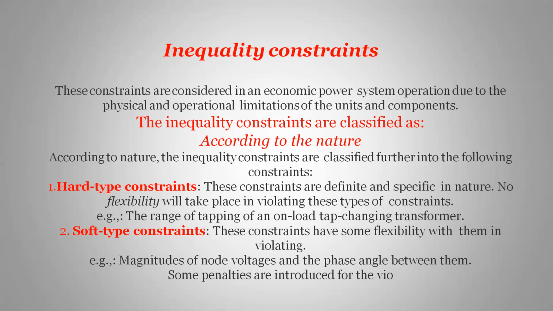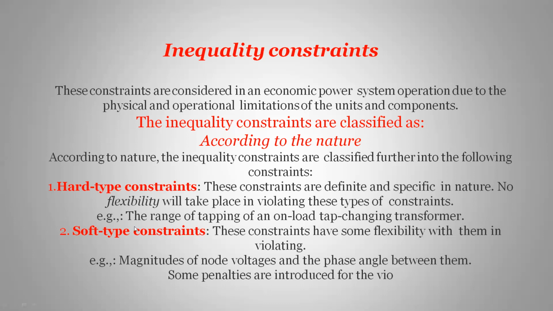Soft type constraints means these constraints have some flexibility in violating them. What are the examples? Voltage magnitudes and phase angles come under soft type constraints. So according to the nature, the constraints are of two types, and we are discussing only hard type and soft type today.